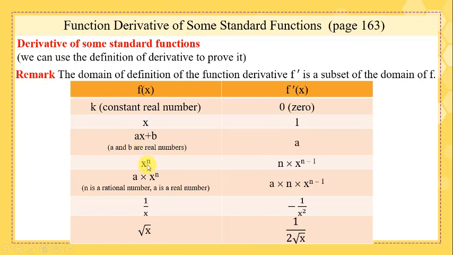If the function equal x power n, apply this rule, the derivative equal n multiplied by x power n minus 1. And if the function is monomial a x power n, then its derivative is a multiplied by n multiplied by x power n minus 1. And finally, derivative of 1 over x is minus 1 over x squared, and derivative of radical x is 1 over 2 radical x. These rules, you should study them.